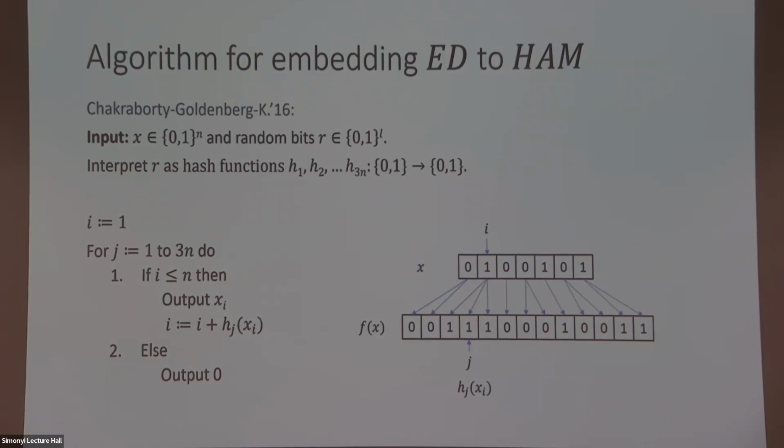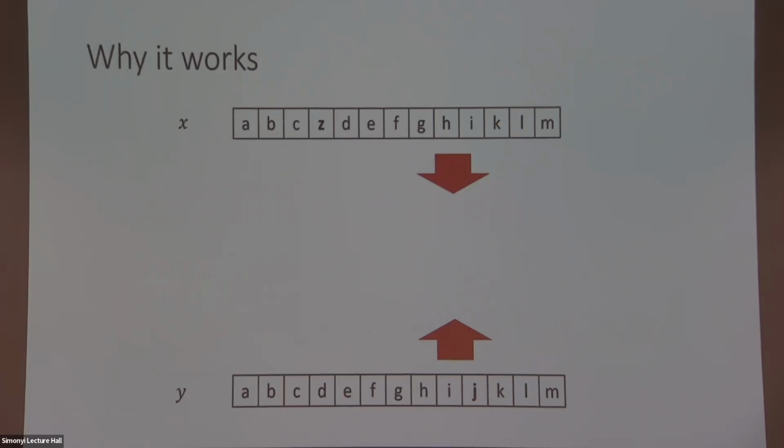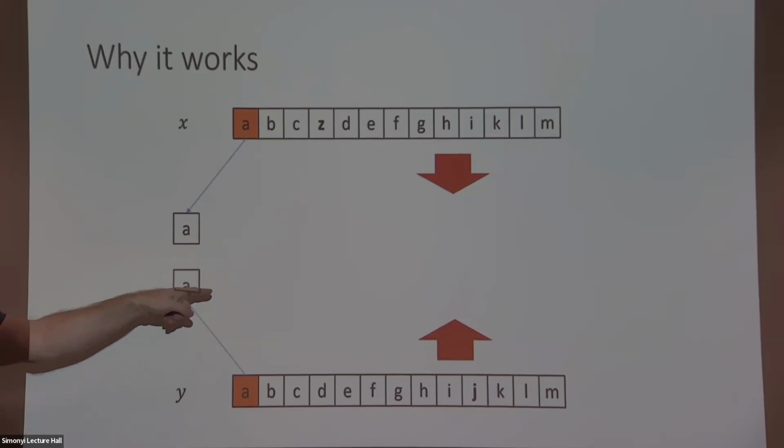So let me show you an animation. Why does it work? If we start with 2 strings and output the same bit, then we are using the same hash function and the same value, so we perform the same advancement in both strings.